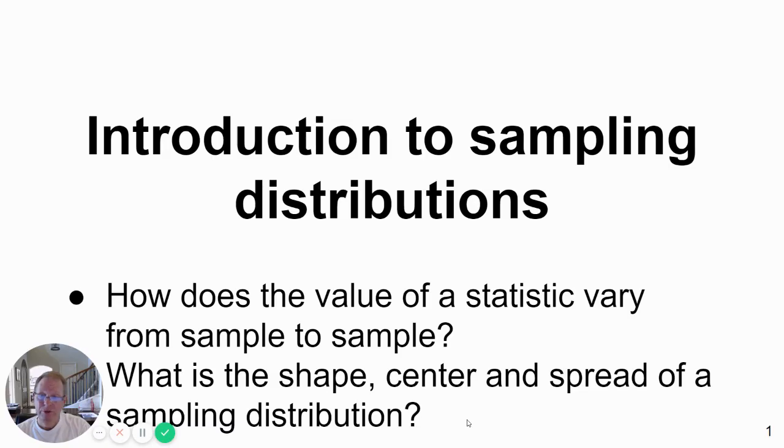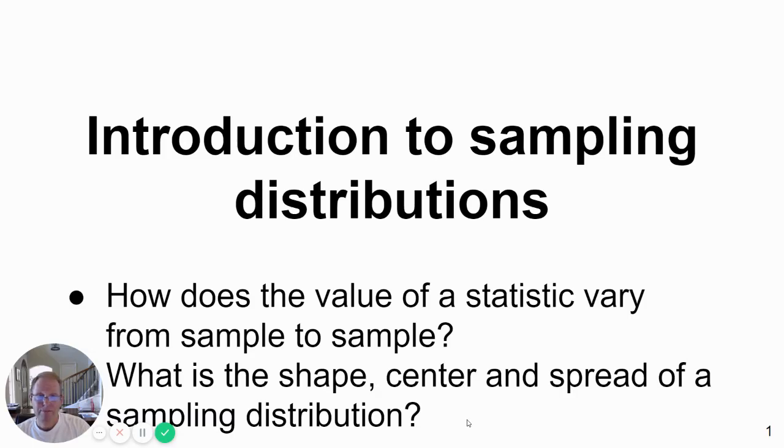A sampling distribution is different from the things we've talked about before. So far in this course, we've talked about population distributions, and we take samples from the population and we create a sample distribution. And from that sample, we calculate a statistic. In this unit, we're going to talk in much more detail about statistics.